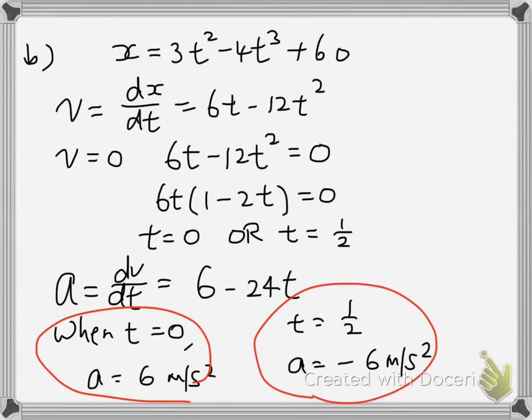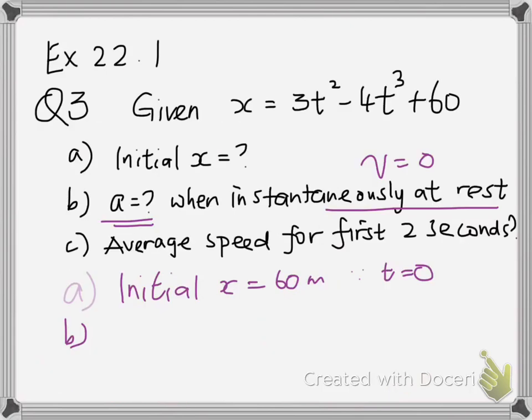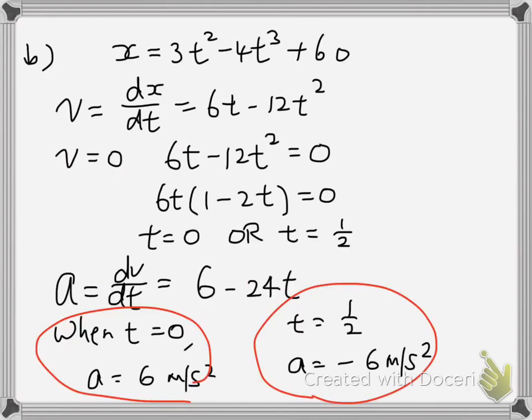Means the body is accelerating. It's moving faster. But we also say at the very beginning, the time was at 60. So when time is 0, the body is already 60 meters from that reference point. And then it is accelerating.